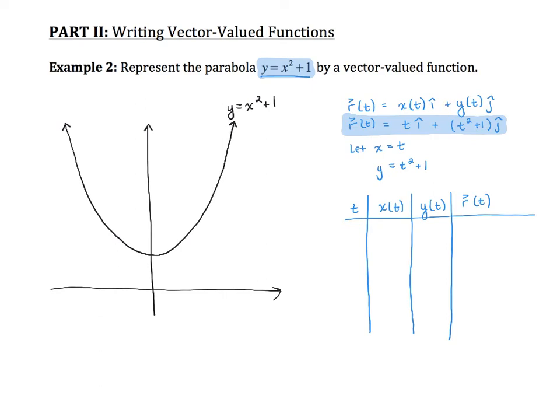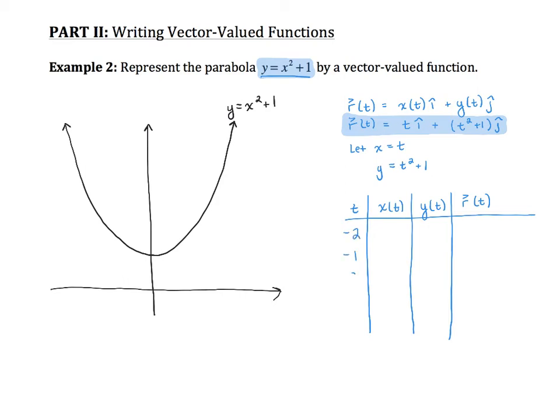So really the domain of each of the components of our vector, the domain of the horizontal component and the domain of the vertical component, are all real numbers. So we can pretty much pick whatever we want. But for now, maybe we'll just do -2.